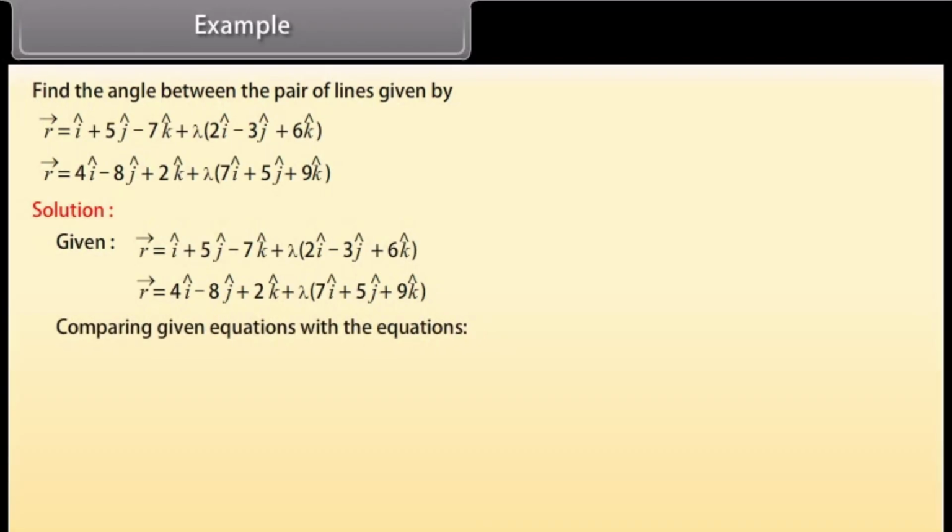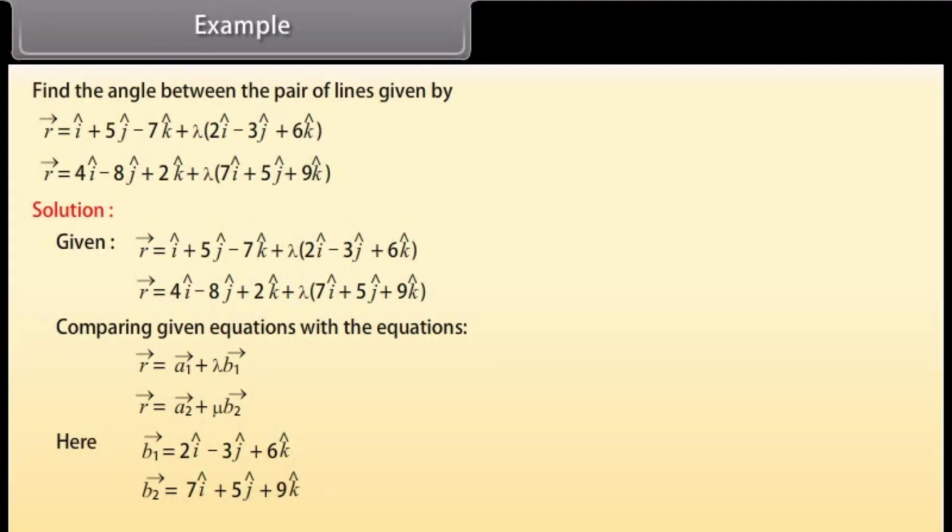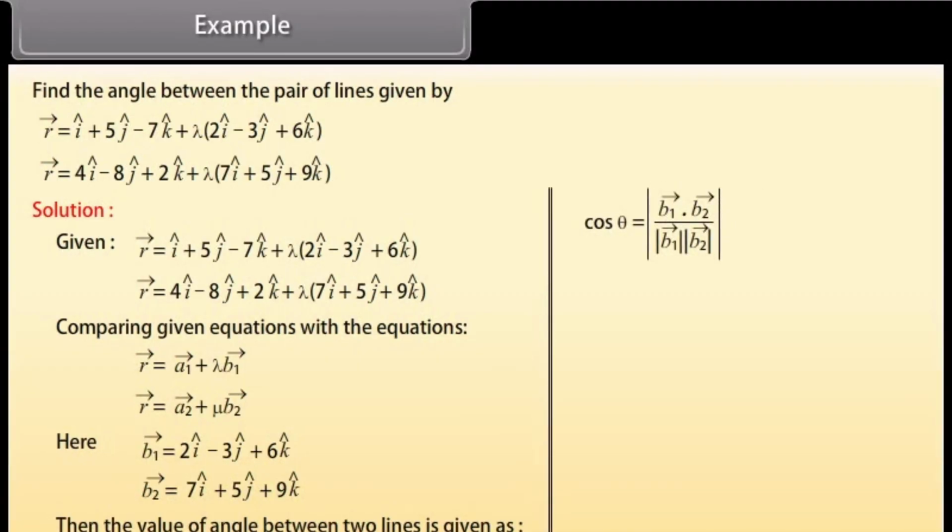Comparing given equations with the equations vector r equals vector a1 plus lambda vector b1 and vector r equals vector a2 plus mu vector b2, here vector b1 equals 2i minus 3j plus 6k and vector b2 equals 7i plus 5j plus 9k. Then the angle between two lines is given by cos theta equals modulus of (vector b1 dot vector b2) by (modulus of vector b1 into modulus of vector b2).